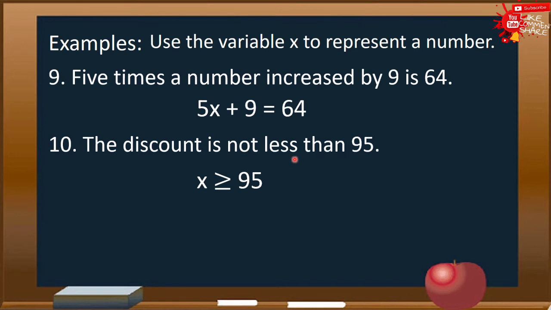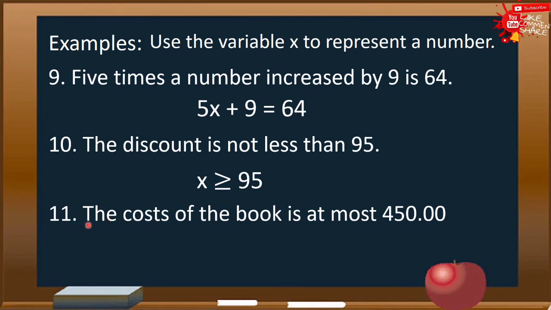So dapat daw siya ay 95 pataas. So therefore, we will use is greater than or equal to relationship symbol. That's why we have this mathematical sentence, x is greater than or equal to 95, for the verbal sentence, the discount is not less than 95.